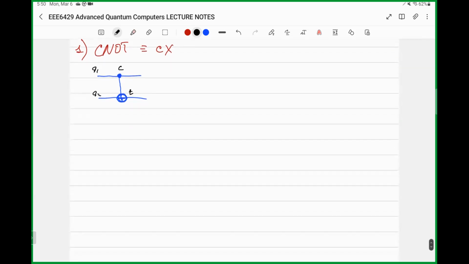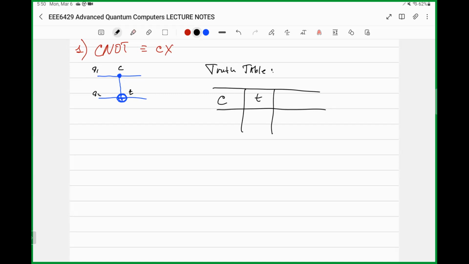So let's write the truth table of the logic of this gate: control, target, and the resulting output.